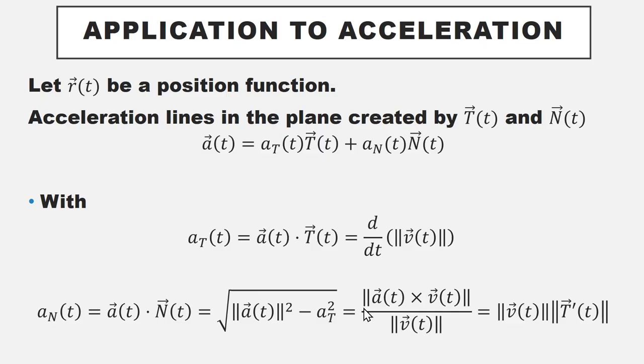I also could take the magnitude of the cross product of acceleration and velocity divided by the magnitude of velocity. And I also could take the magnitude of velocity and multiply it times the derivative of the unit tangent function. So there's a number of different ways to calculate, and sometimes the dot product's going to be the easiest. Sometimes one of these other formulas may be a lot easier.